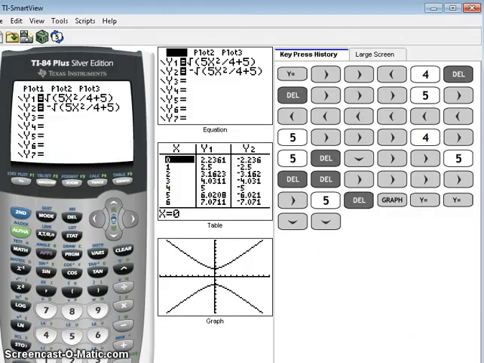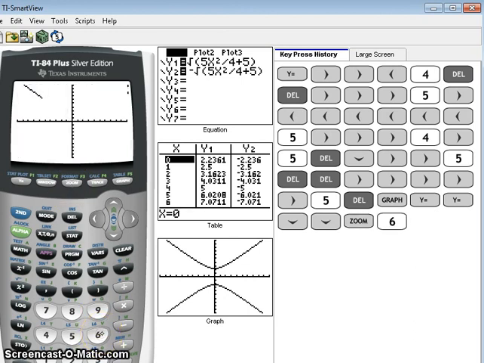Let's see. Alrighty, here we have our equations in y1 and y2, and let's look at the graph. One parabola faced up, one faced down.